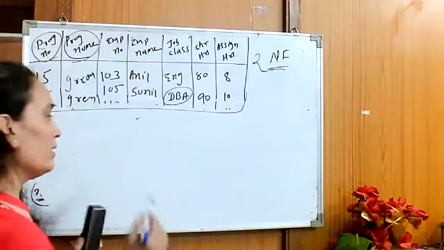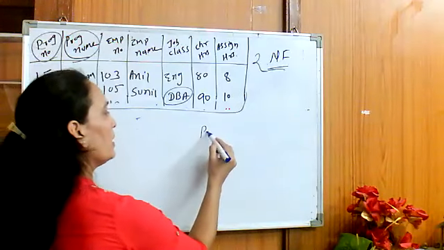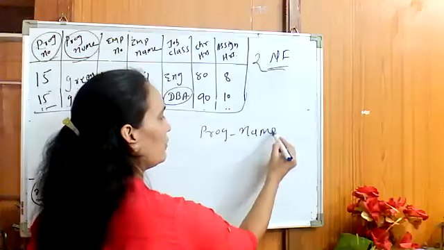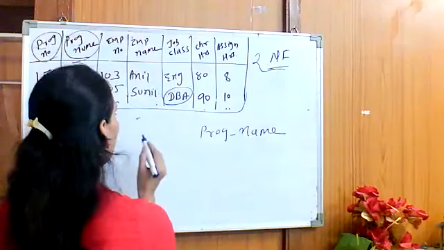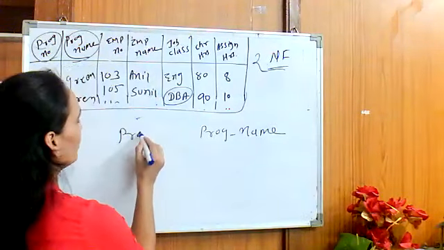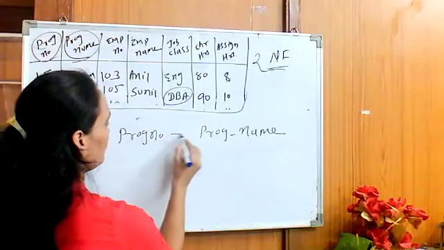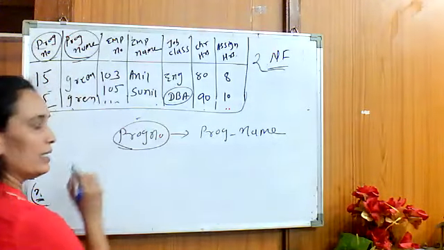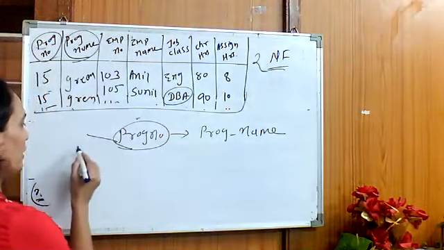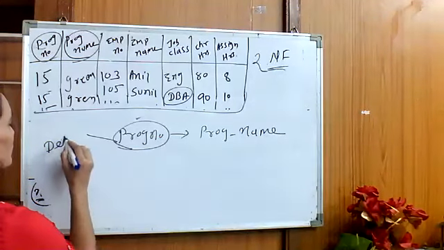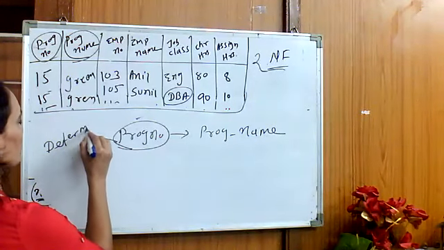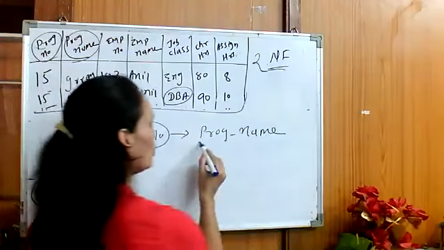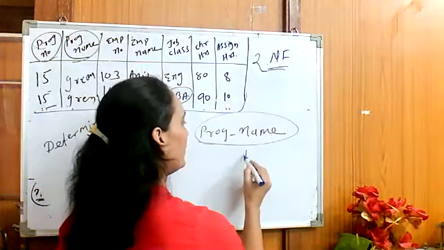So we can understand that project name is functionally dependent on project number. So project number is the determinant and project name is dependent.